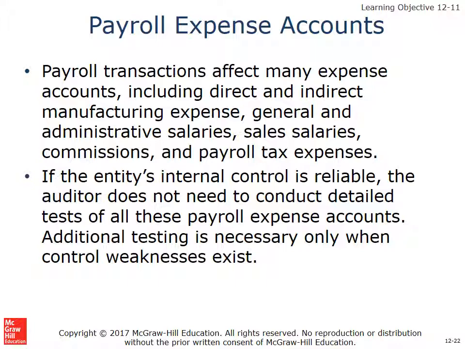Additional testing is necessary only when control weaknesses exist. So if you go through the process of assessing your control risk and you feel pretty confident about your control risk, then your substantive testing does not have to be as in-depth as it would be if you felt there was weakness in the control system.